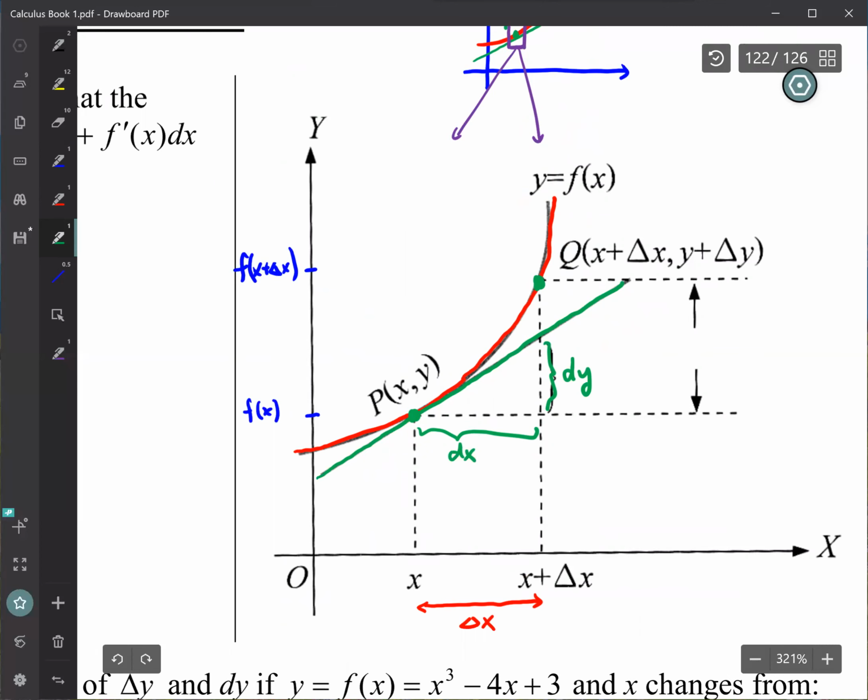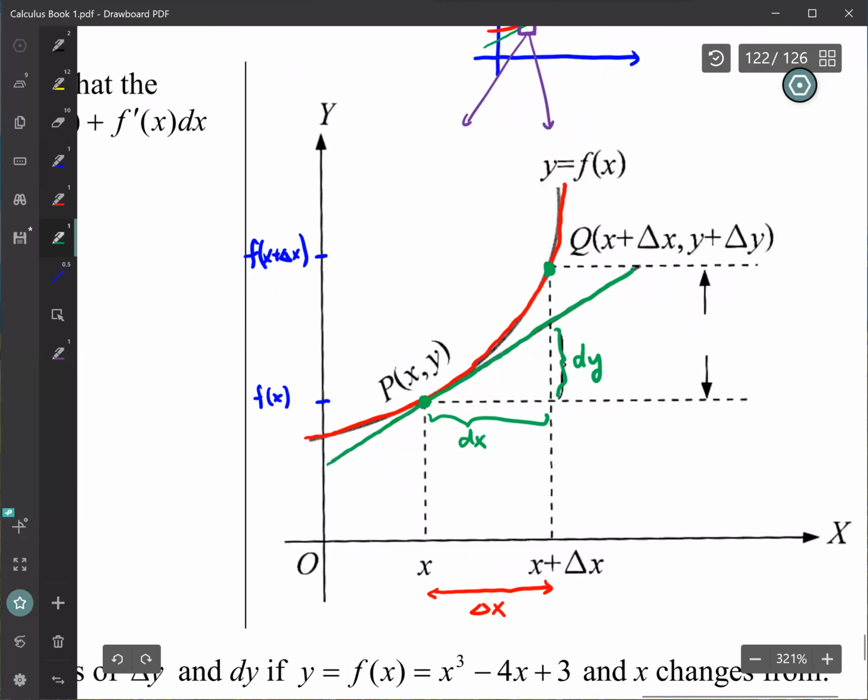And then for the red one, the line connecting PQ, I'm gonna use the red as well, with a dotted line. We used to call this the secant line, because it goes across the graph.